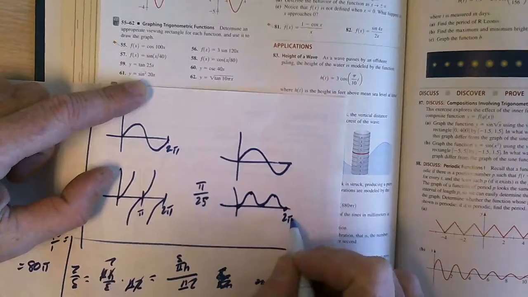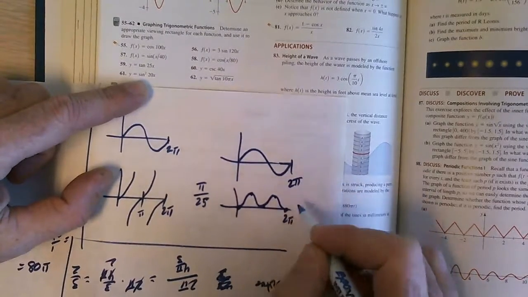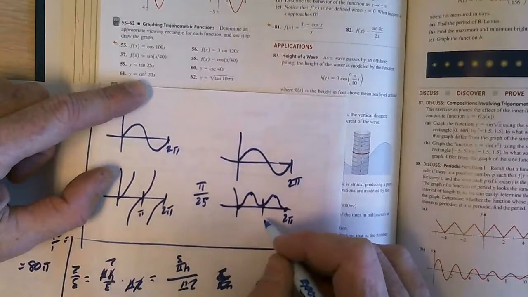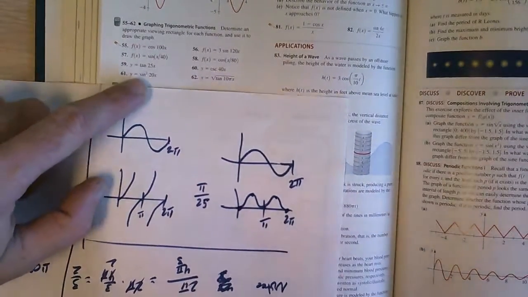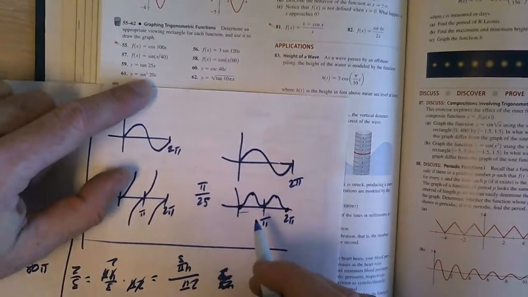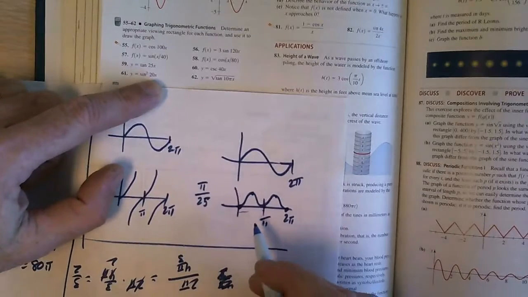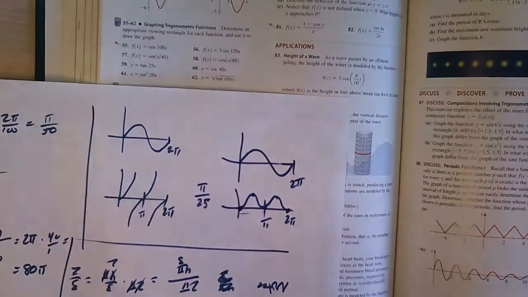From 0 to 2 pi, it actually repeats, where the sine curve repeats once between 0 and 2 pi, the sine squared repeats twice. So it's like tangent in that its period is only pi. So sine squared of 20x would have a period of pi divided by 20. There you go. I hope that helped.